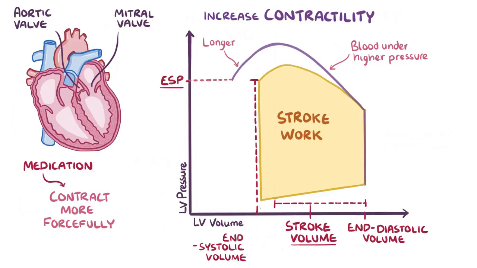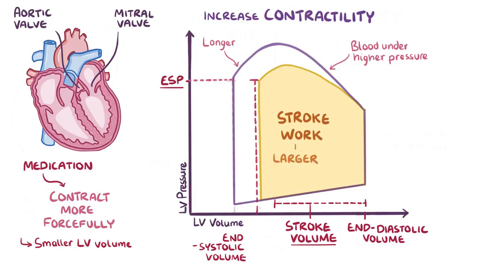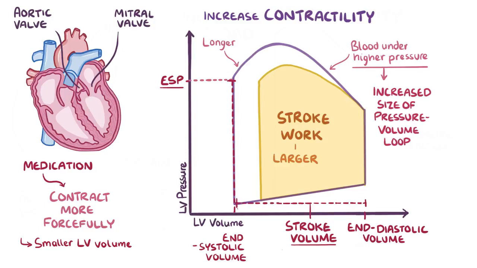So they have the same end systolic pressure, but now that point occurs with a much smaller left ventricular volume. So in this situation of increased contractility, there's now a big increase in stroke volume, so there's a larger stroke work. And even though the end systolic pressure is unchanged, because the blood is under higher pressure, it means that the size of the pressure volume loop is bigger.